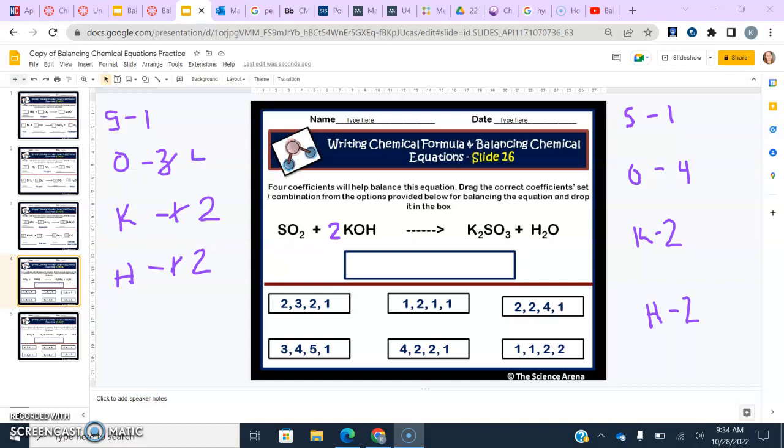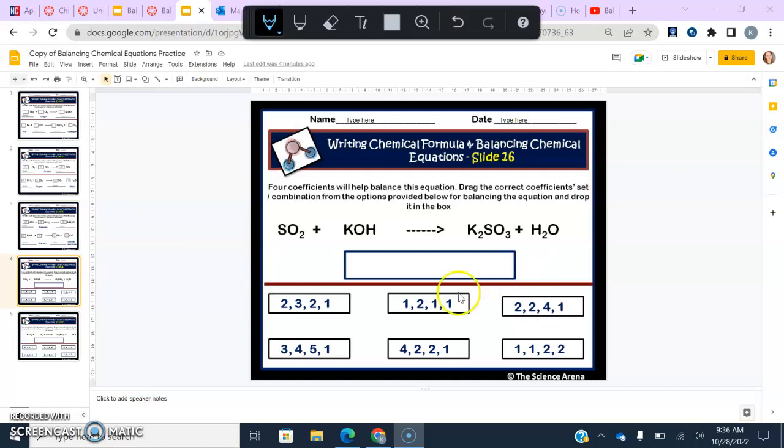When we wrote it out, it looked like it might be a little bit complicated, but all it took was 1 coefficient to balance out. So we've got 1 sulfur, 4 oxygen, 2 potassium, and 2 hydrogen. That is a balanced equation. So that 2 in front of the potassium hydroxide is all we needed. So your coefficients are 1, 2, 1, 1.